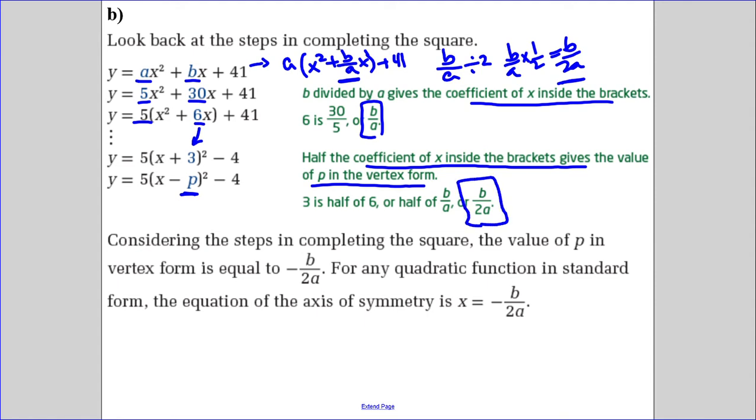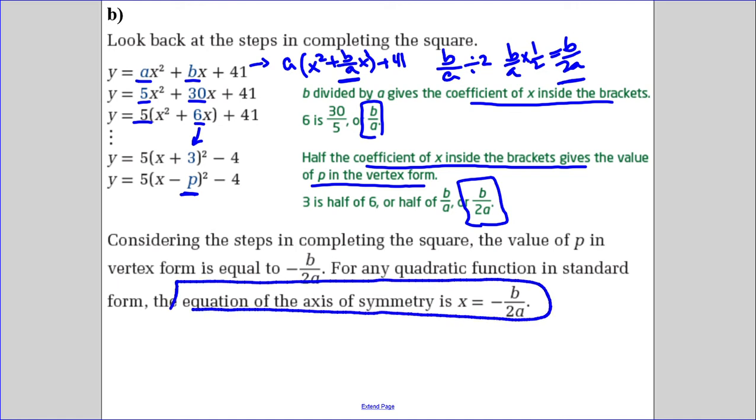But we already knew that we could find the axis of symmetry if we did negative b over 2a. Considering the steps in completing the square, the value of p is equal to minus b over 2a. So for any quadratic function in standard form, the equation of the axis of symmetry is something that we've already investigated. Then we can find the y value by plugging this back into the equation.